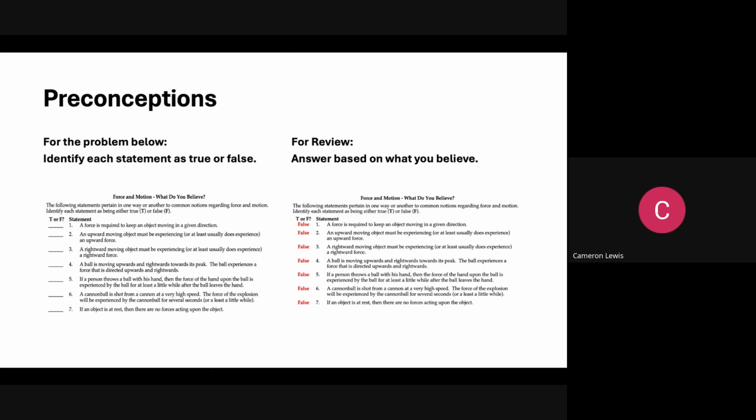This was really to get you to say whatever you believe. Say it out loud because we have to talk through this. These preconceptions are what not just you as a student, but most people believe when it comes to force. They need to be said out loud so that we can work through them to understand what's really going on.